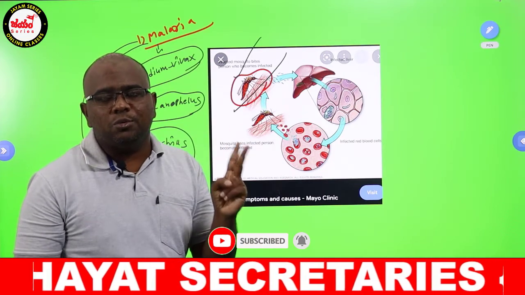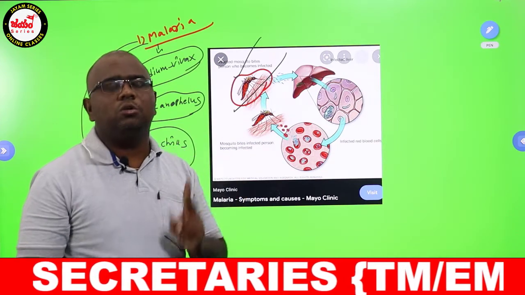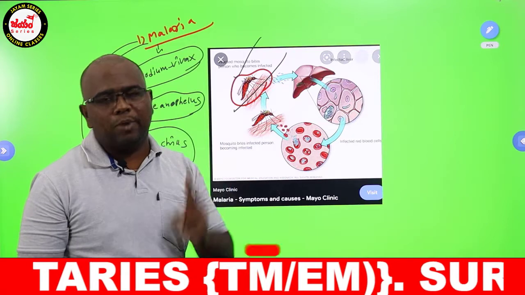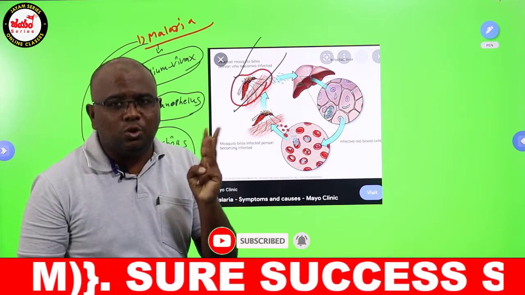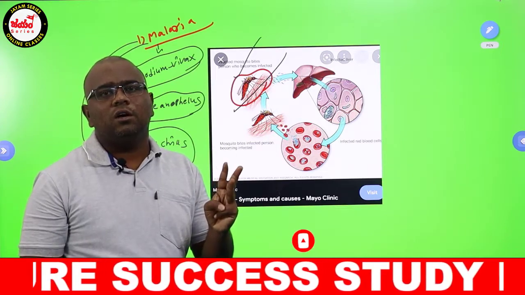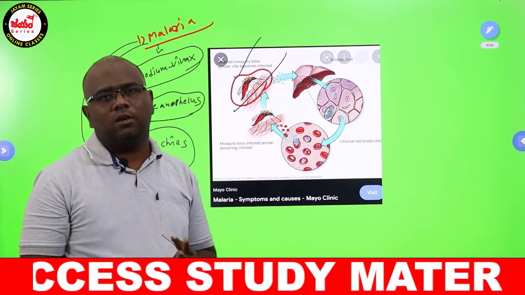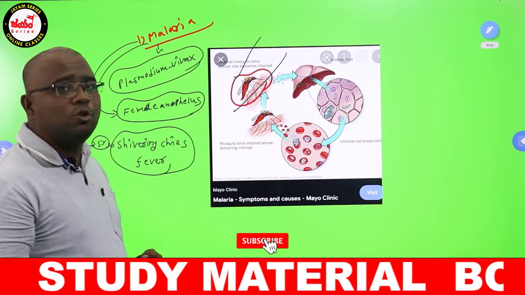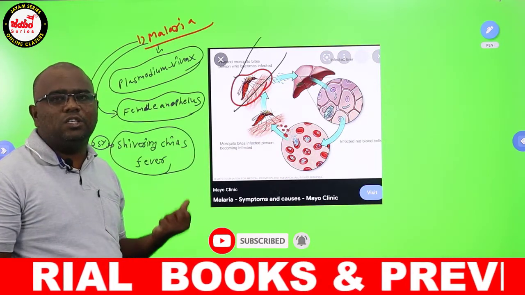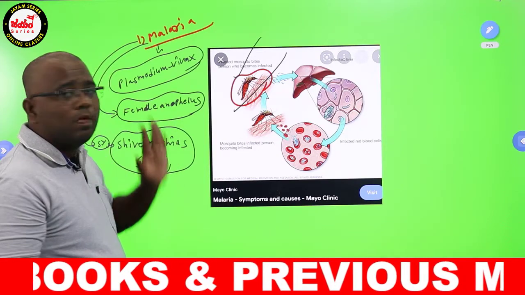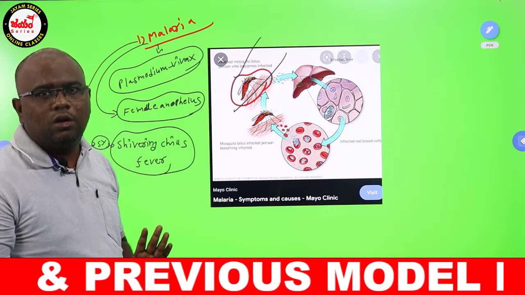The dengue symptom is fever and muscle pains. Encephalitis is fever and severe headache. And malaria is shivering chills fever.